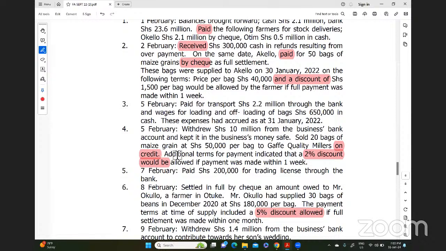Where do we record this one? On the left-hand side or right-hand side? I think we don't record it anywhere, because this is not the first payment or receipt.